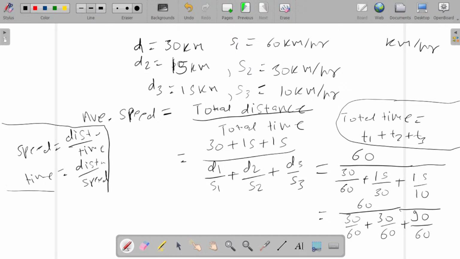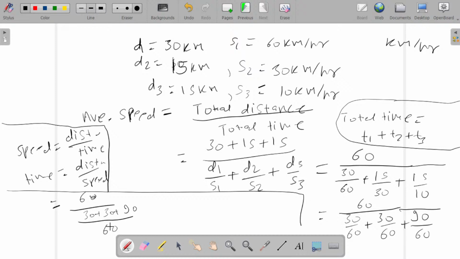Here all have base 60, so take 60 common. It will be 30 plus 30 plus 90 by 60, so it's 60 upon 150 by 60, which equals 60 into 60 by 150.